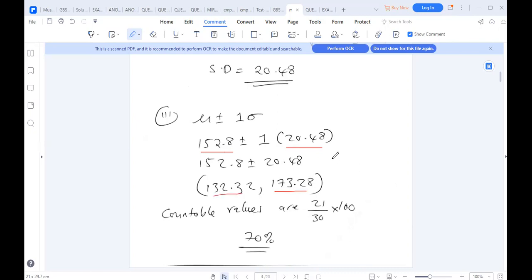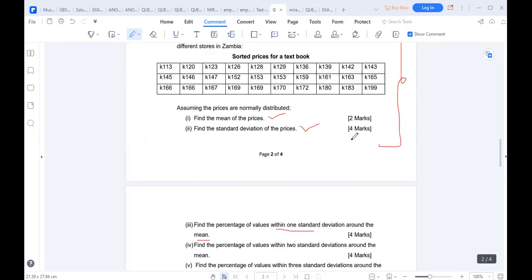Now they ask you what percentage of values will lie between this range. So you go there to count 132 to 173.